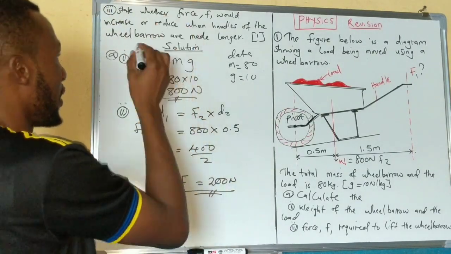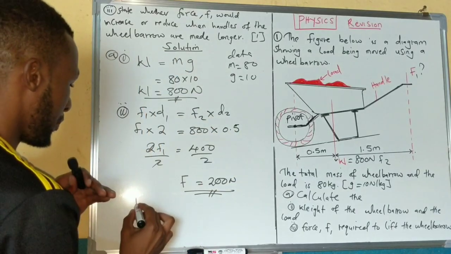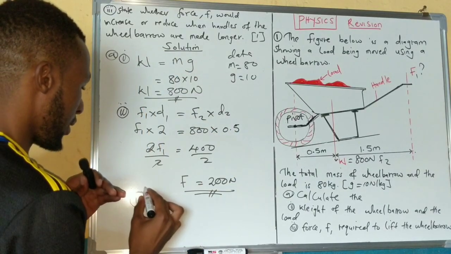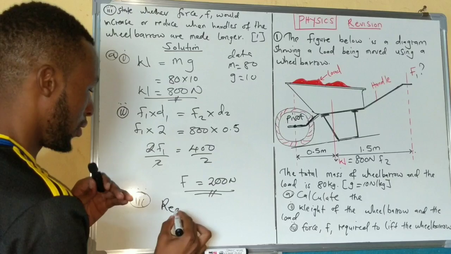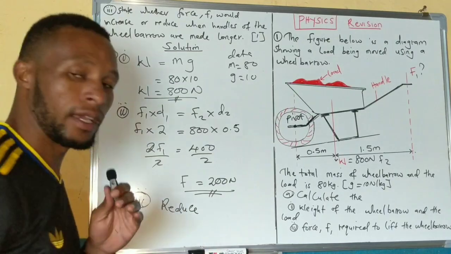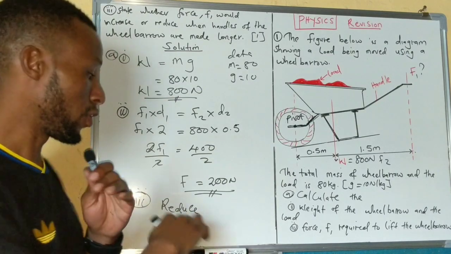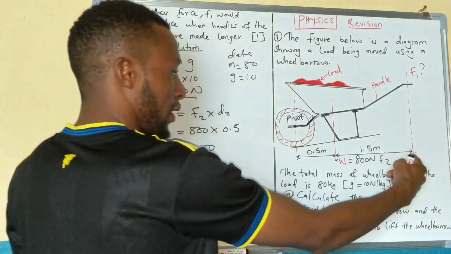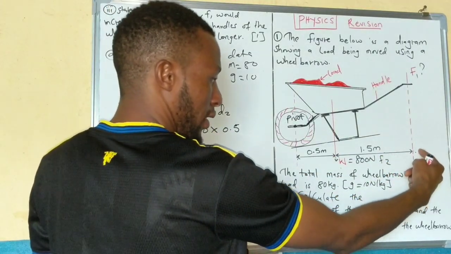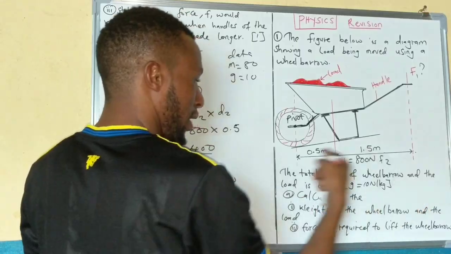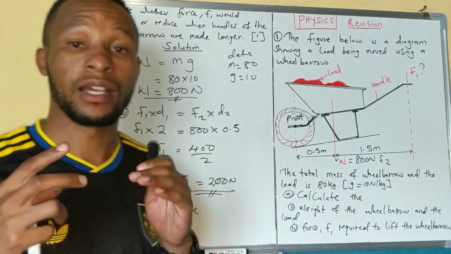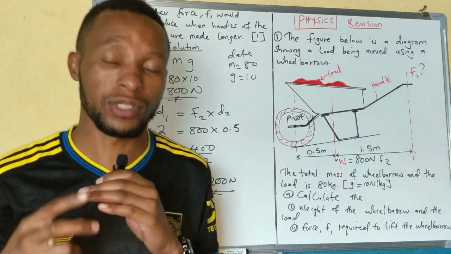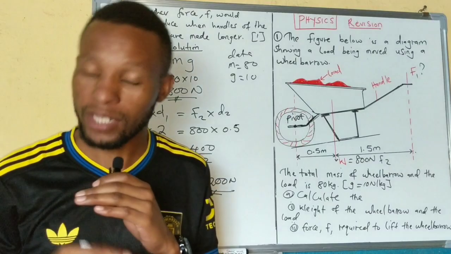So in this case, our correct answer here is that the force will reduce. It ends there. That's a 1-mark question. So the force will reduce. Why? It's because when you extend, you are increasing the distance between the force, that is the line of action from the force to the pivot, hence reducing the amount of force that can be applied.